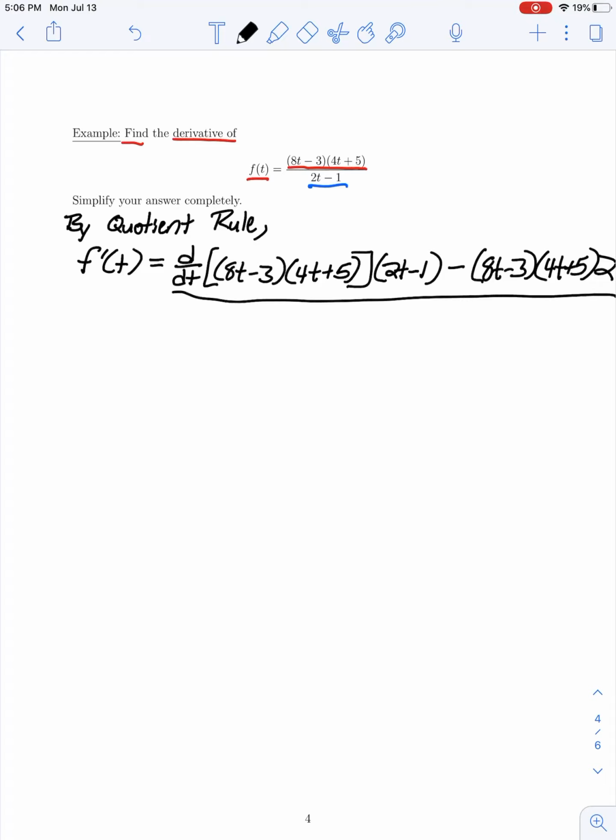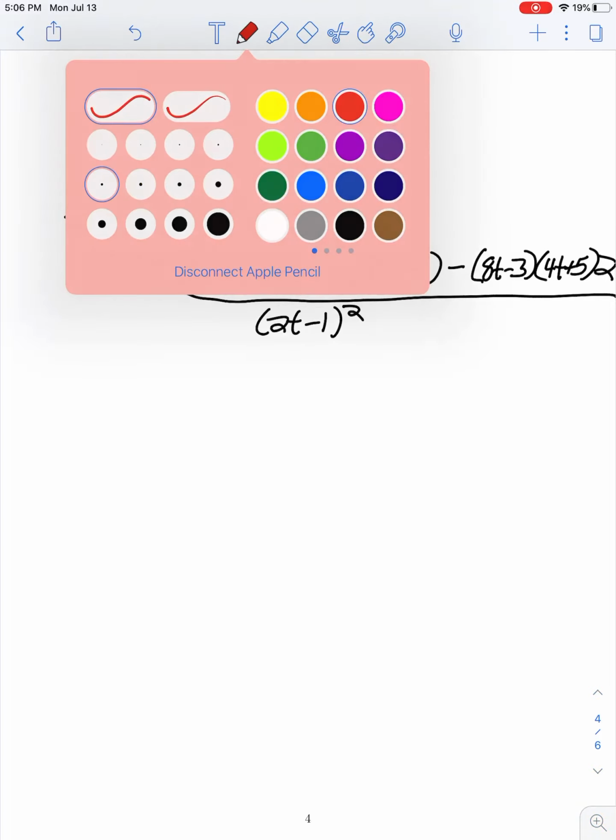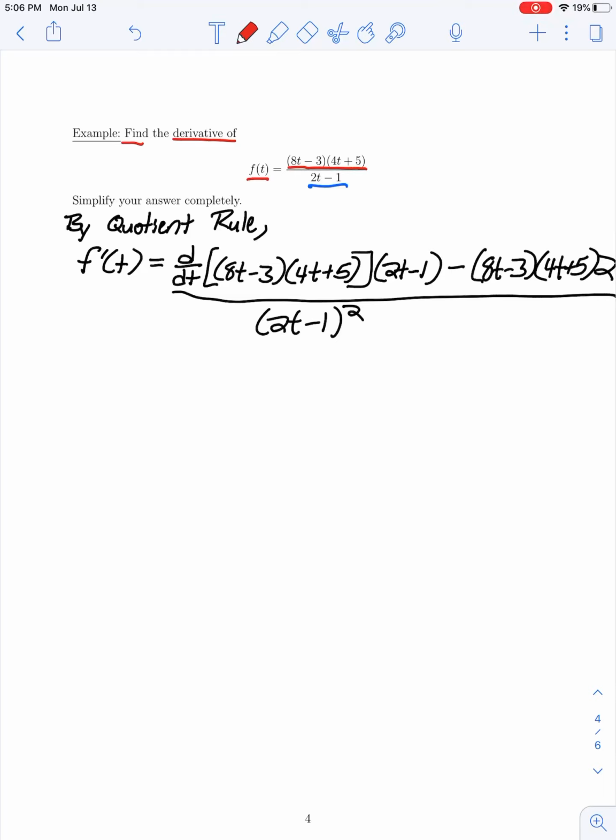And then the entire expression is divided by the denominator, which was 2t minus 1 squared. So now, in order to move forward, we need to find the derivative of this product, which appears in our numerator.